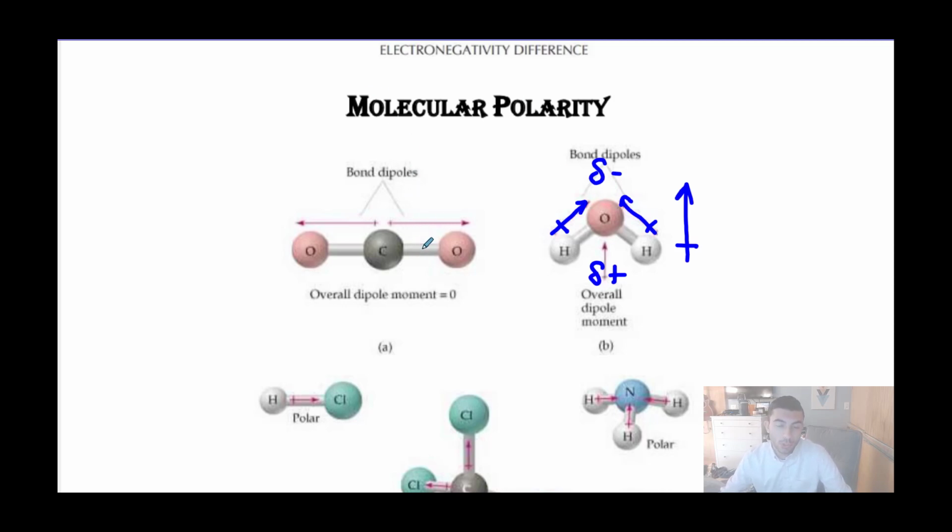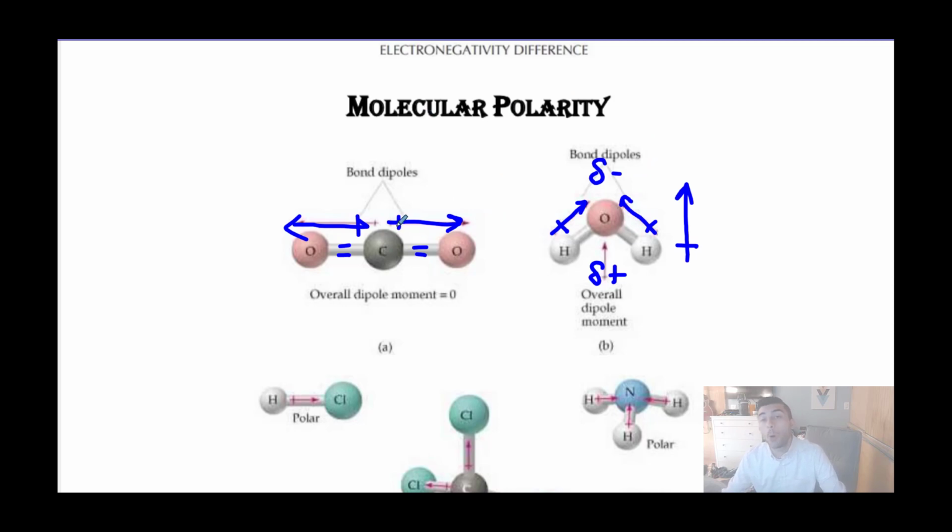In CO2, and these are double bonds, by the way, there is a polar bond. This bond is polar. The oxygen is pulling the electrons more towards itself. But this bond is identical and is also polar. And because the shape is symmetric, because it's linear, this bond dipole here cancels with this bond dipole over here, and there is no net pull of electrons to one side of the molecule or the other.